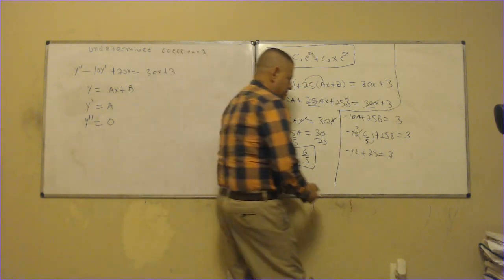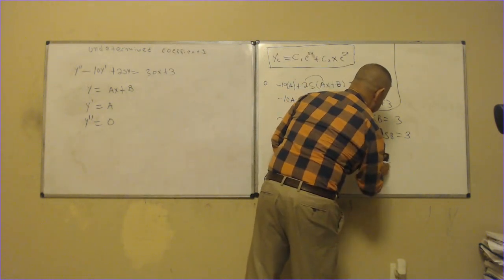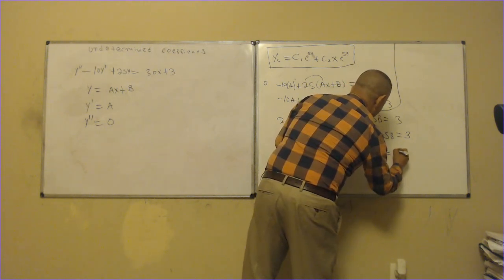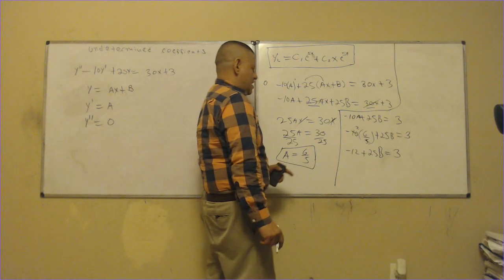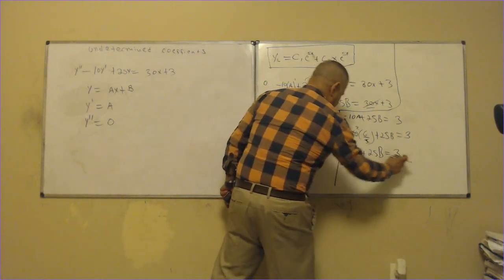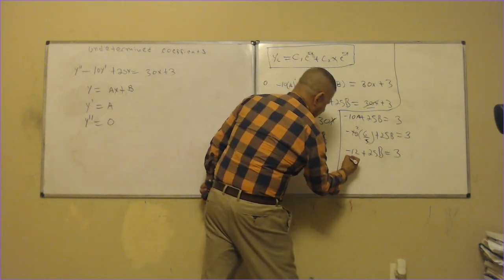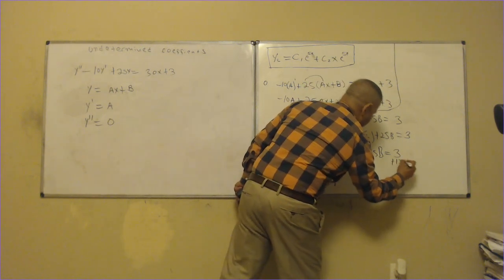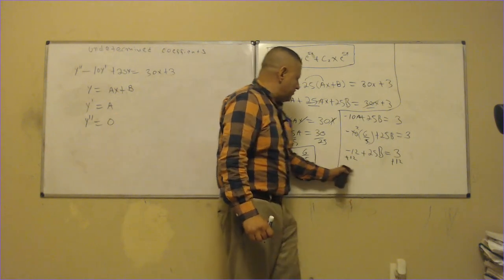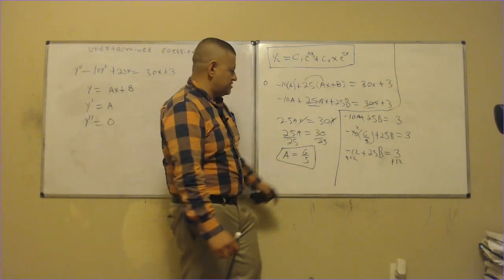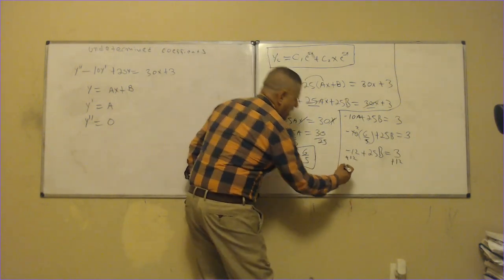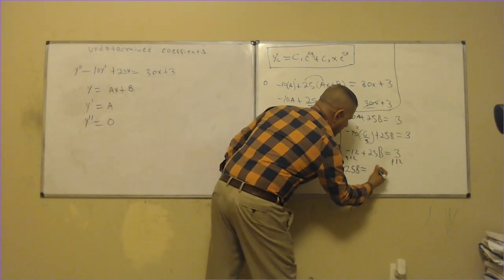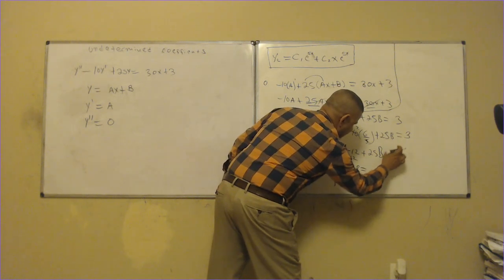Now, as you can see, when I add 12 on both sides of this equation, I got 25b equal to 15, right?